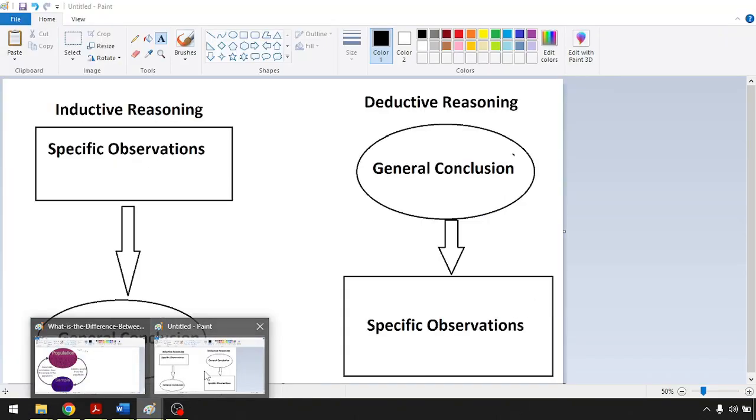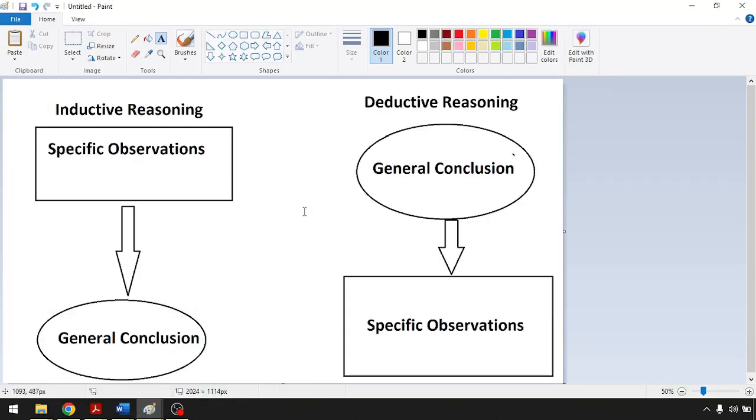In the discussion of statistics epistemology, it's important to understand the two logical reasonings of inductive reasoning and deductive reasoning. Inductive reasoning is when we construct a general theory, a general conclusion about something based on our specific observation.